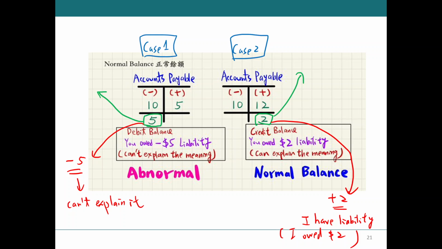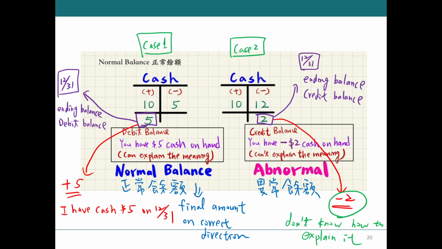No problem? Based on these two cases, let you guess. Usually, looking at the balance final amount, when you find the ending balance, which direction will be normal, correct? Let's go back to cash.